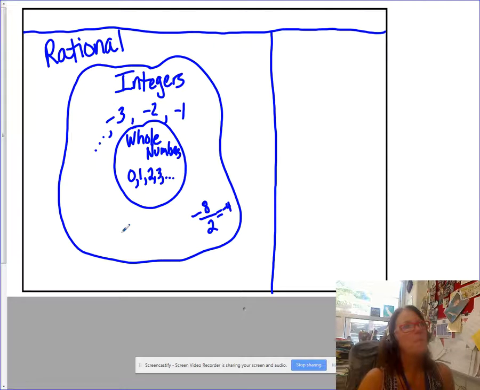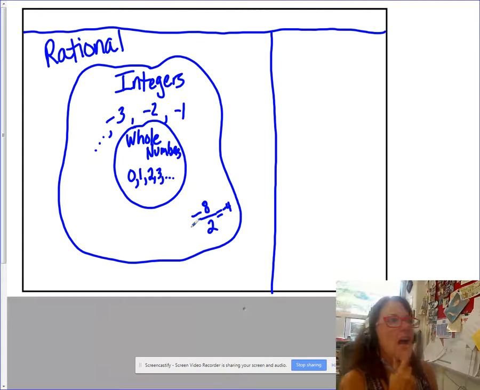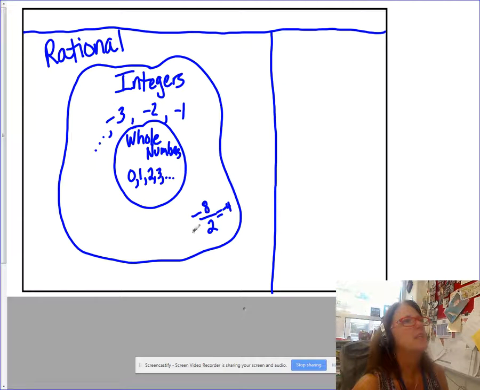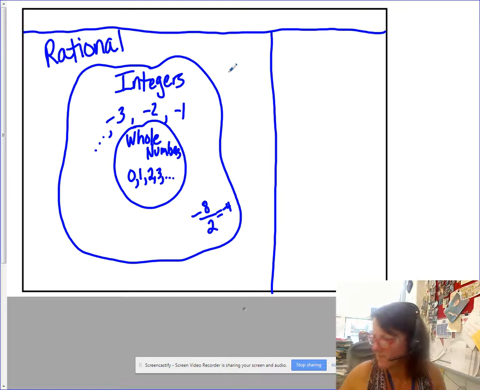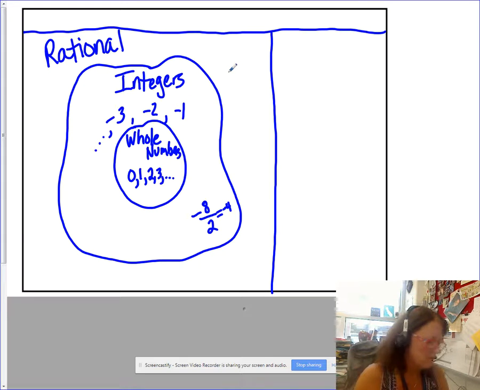Okay. Cool, cool, cool. Now, we can throw in a bunch of examples of rational numbers. The thing is, though, I'm not going to make a list that includes everything, because there's just so many rational numbers to choose from. So let's see here.